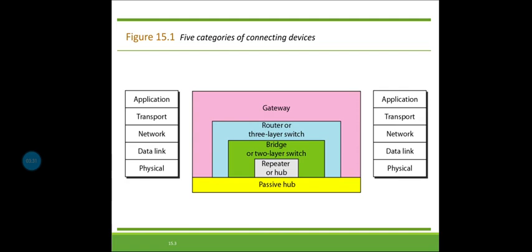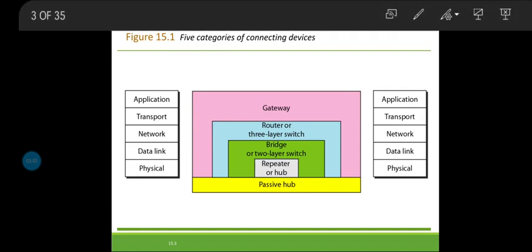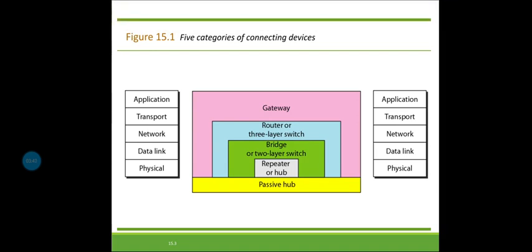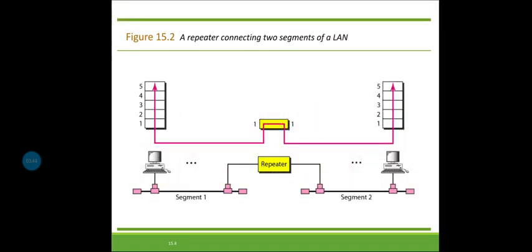Then moving on to the next one, which is the repeater. We have made use of this term repeater frequently. A repeater is a device that operates only in the physical layer. Signals that carry information within a network can travel a fixed distance before attenuation endangers the integrity of the data.